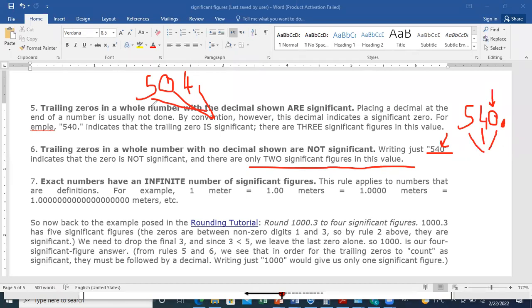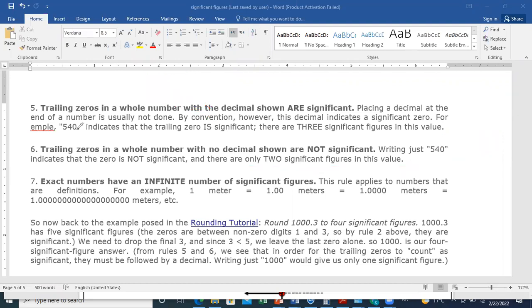Trailing zeros in a whole number with the decimal shown are significant. Placing a decimal at the end of a number is usually not done; we do it by convention, however, to indicate that this 0 is significant. So when I give you 540 with a dot, you count the 0 as a significant number.